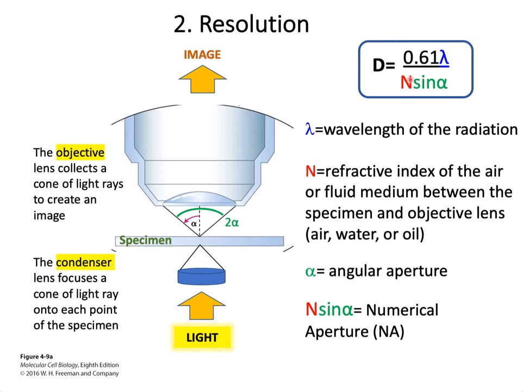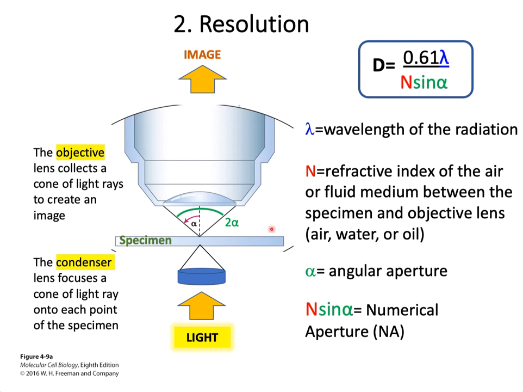Here, n is the refractive index of the medium the specimen is sitting in. Under the microscope, all specimens are in some type of medium, air, oil, or even water, and all media have a refractive index, which is represented by the n in this formula. The alpha is the angular aperture of the microscope system you are using.